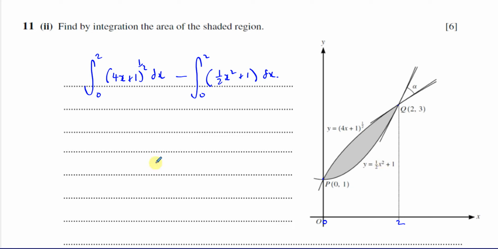Alternatively, I could take this as one step and find the area between them by subtracting the two equations.